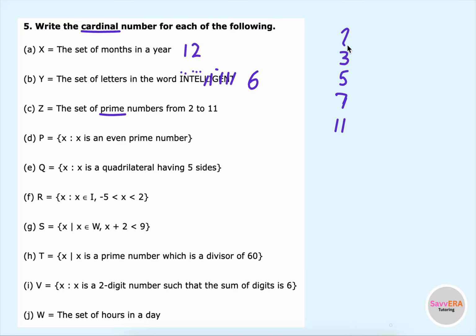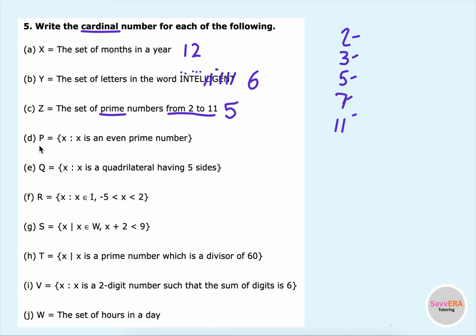They start at 2 because it says from 2, so we include 2. And it says 2 to 11, so 11 also gets included. So we have 1, 2, 3, 4, 5. So the cardinal number would be 5 for this.